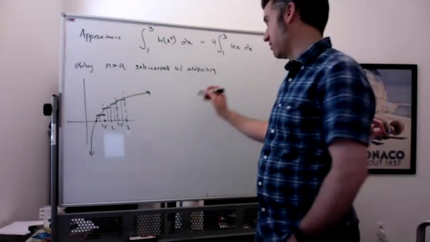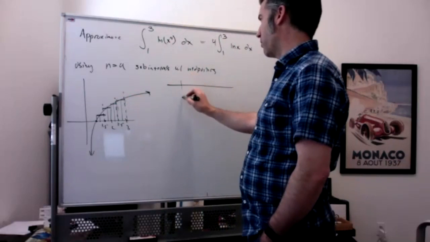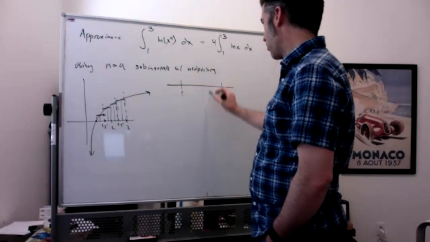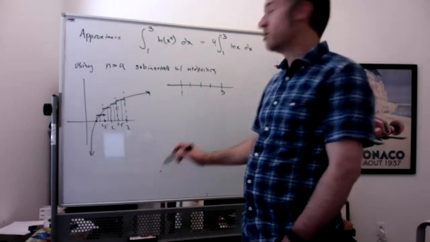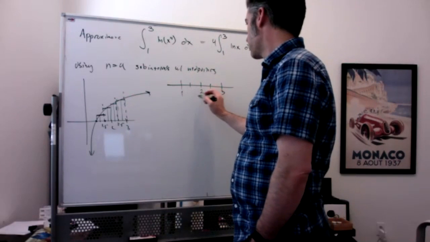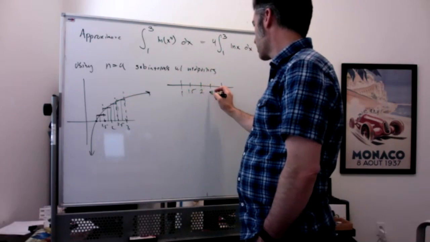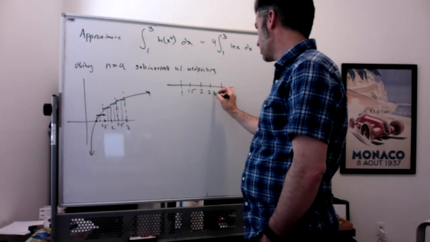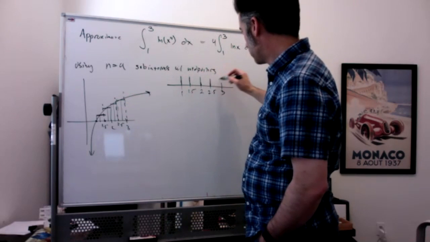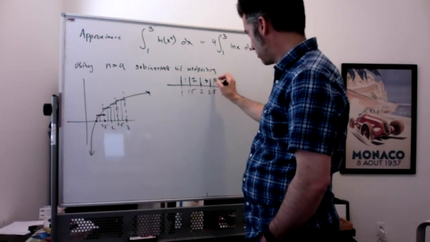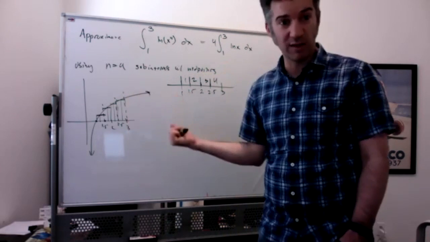So I always like to be like, here's my interval from 1 to 3, break it up into 4 sections. Thank you. So there's my 4 sections. And then we need the midpoint of each of those sections.